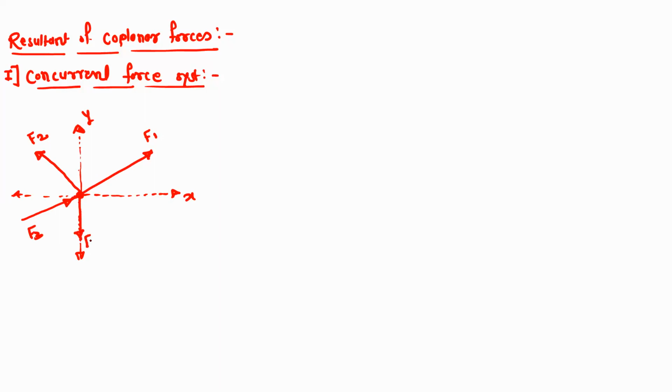Just take the four forces. F1 is acting at angle theta1, F2 is at theta2, F3 is at theta3. So all the four forces will form one concurrent force system because the line of action of each force will pass through the common point, that is the origin, and therefore it is a concurrent force system.